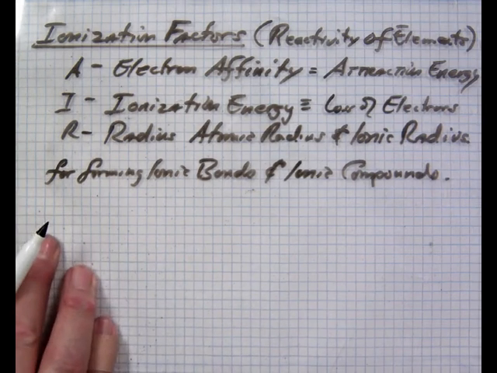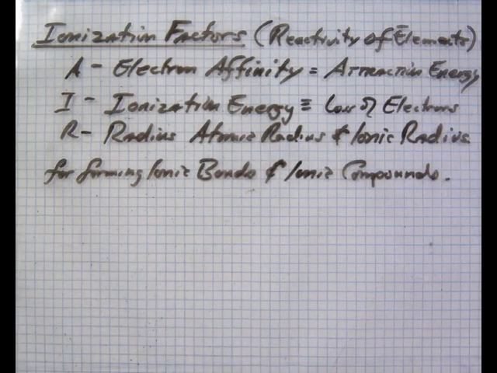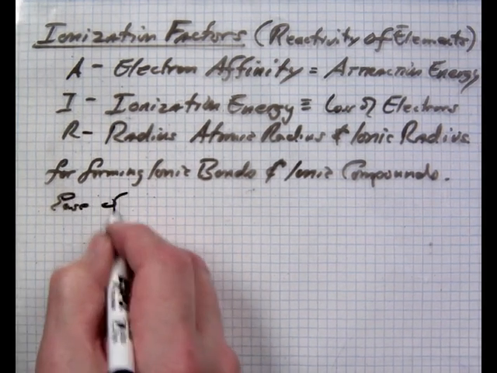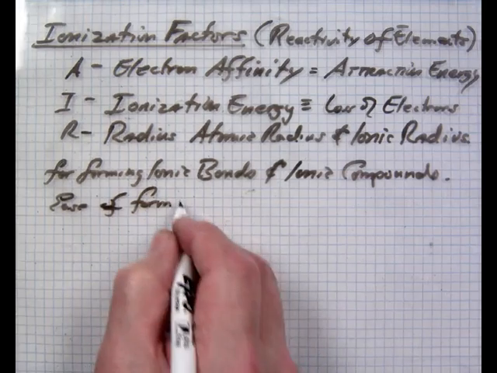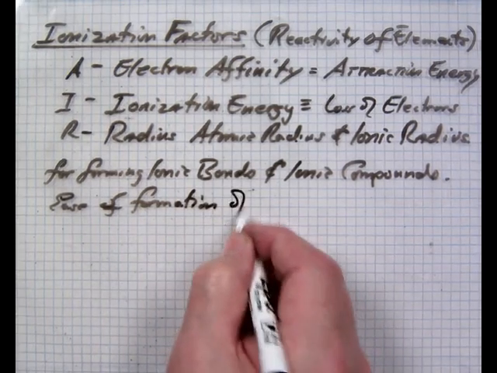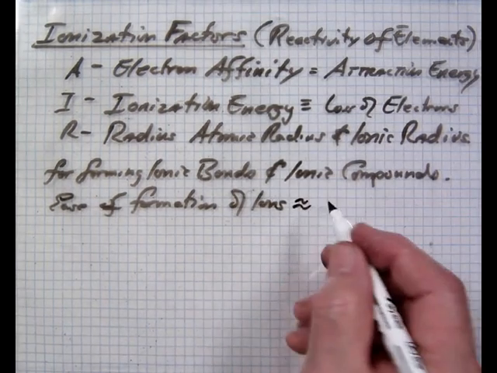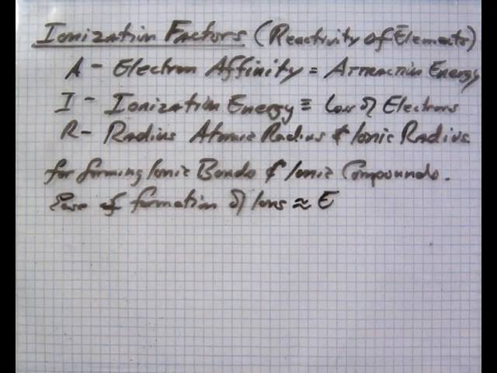Anyway, for forming ionic bonds and ionic compounds, consider the ease of formation of ions. This refers to ease of formation of the ionic compound.